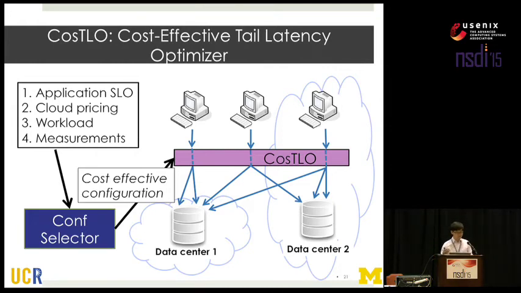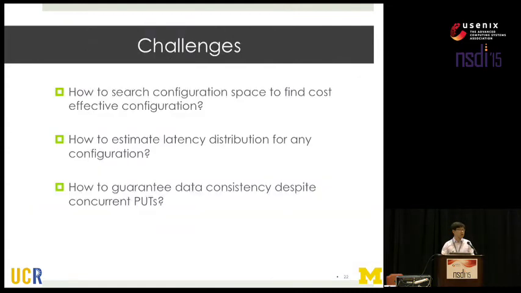But in order for this architecture to work, there are several challenges. First, like I mentioned earlier, how do we search this unbounded configuration space to find the cost-effective configuration? And second, how do we estimate the latency distribution for any configuration? This is very important because, given a configuration, CosTLO needs to know whether this configuration can satisfy the SLO or not.